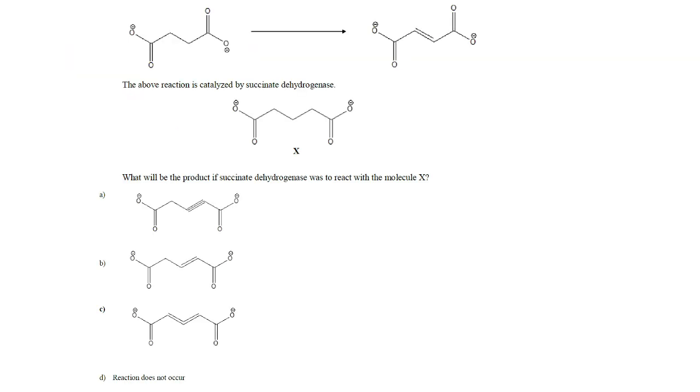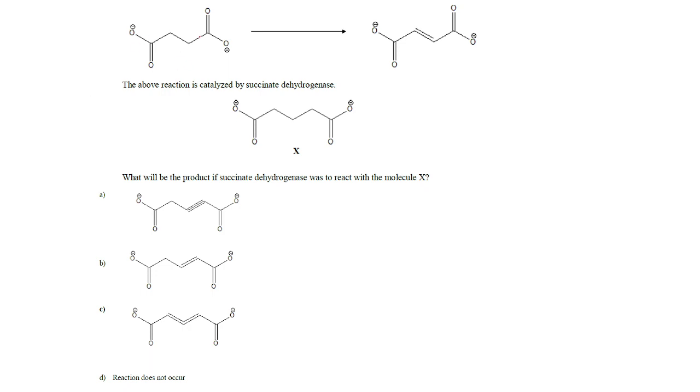So let's take the next question again. This is the above conversion catalyzed by succinate dehydrogenase, a dehydrogenation reaction. What will be the product if succinate dehydrogenase was to react with the molecule X?